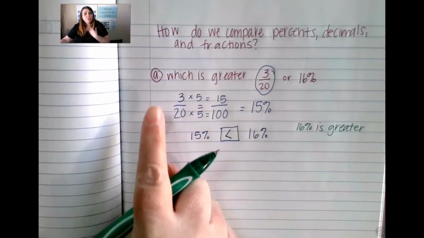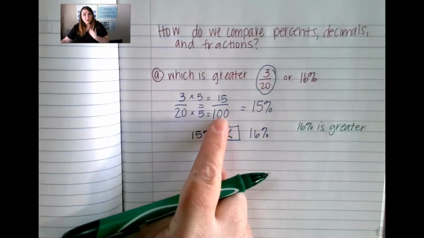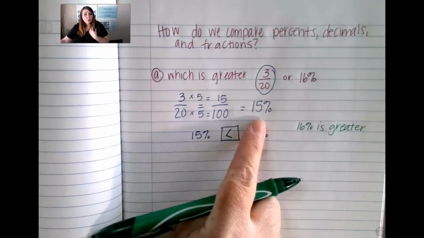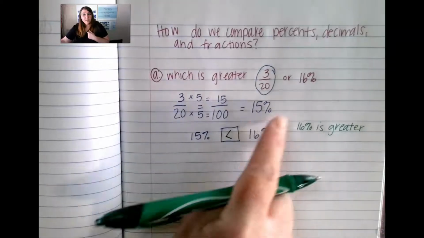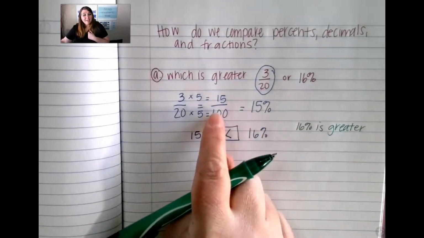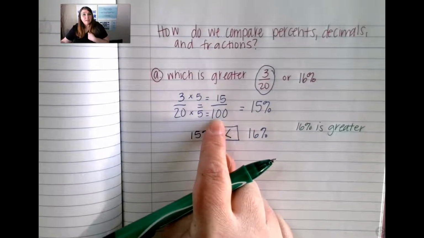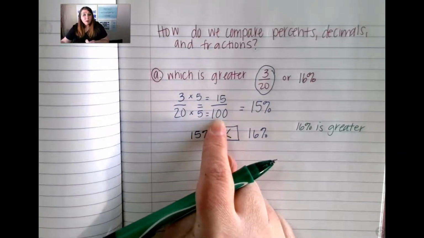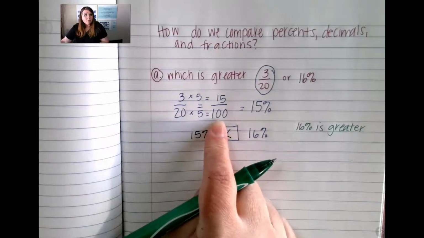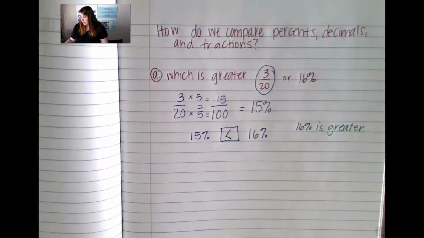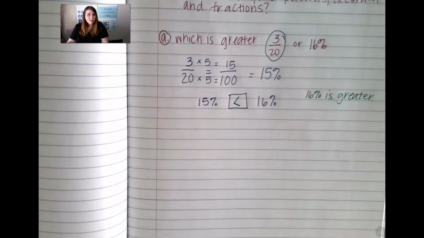So I had to turn a fraction into a percentage in order to compare them. Again, I'm using my skill of being able to put my denominator out of 100. Okay, let's do another one.